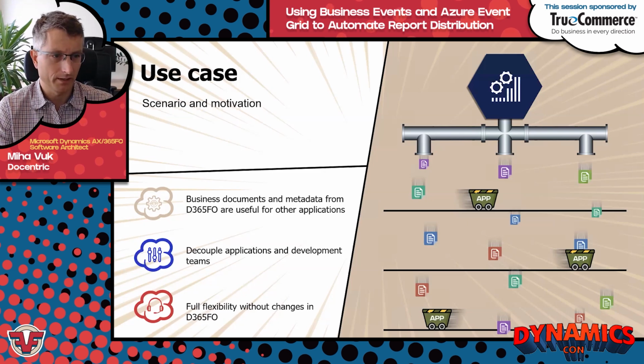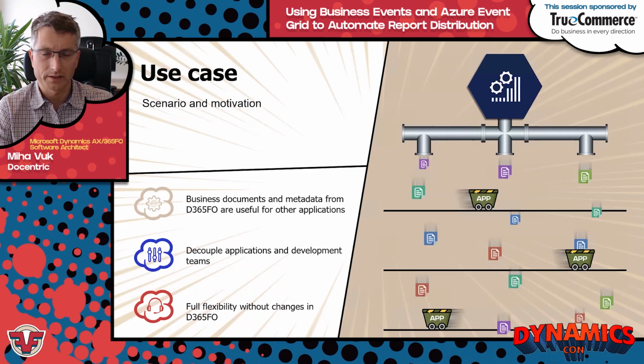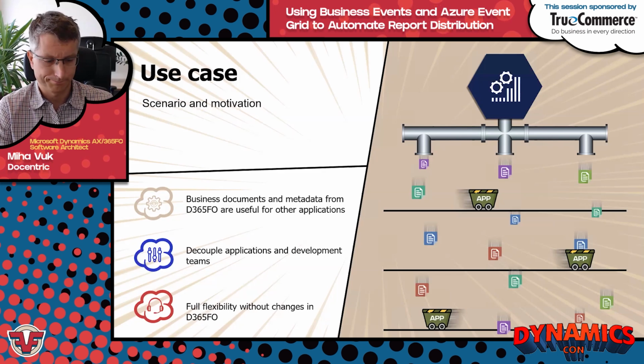The picture on the right somehow illustrates that. These applications can be very different in technology. They can run in different domains outside your company, and they can be set up later when your finance and operations implementation project is already finished. Therefore, we would like a loosely coupled integration that is handled outside of your F&O.